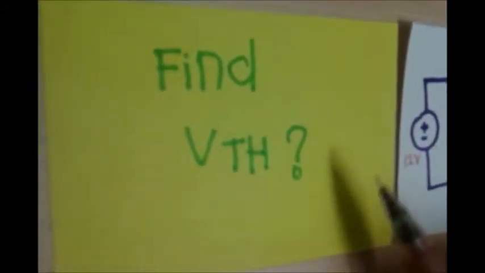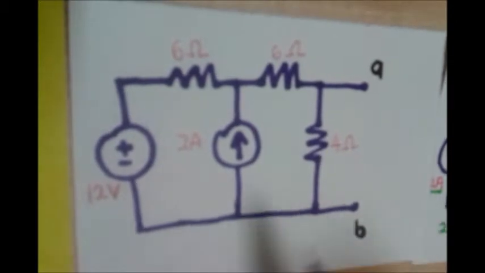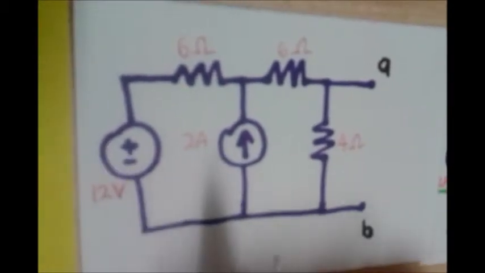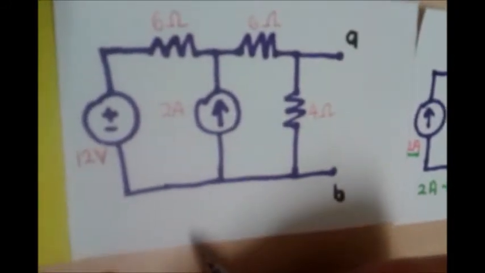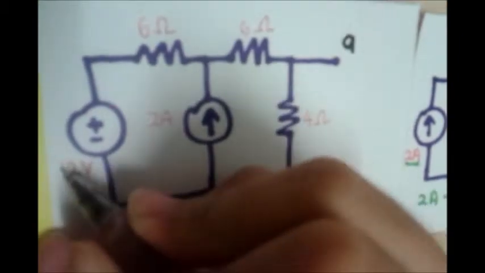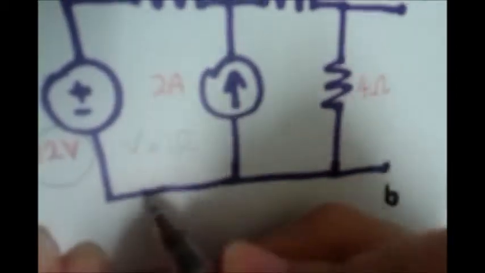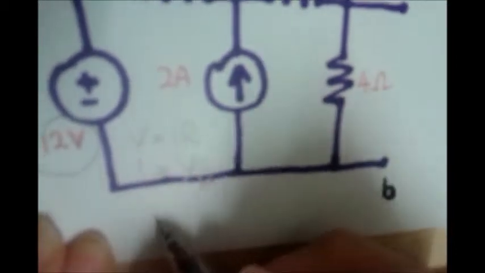Second, we must find the VTH. The circuit will be like this. To the circuit, we use the source transformation concept, which is 12 volt and 6 ohm. V equals IR, so I equals V over R, V is 12, R is 6.